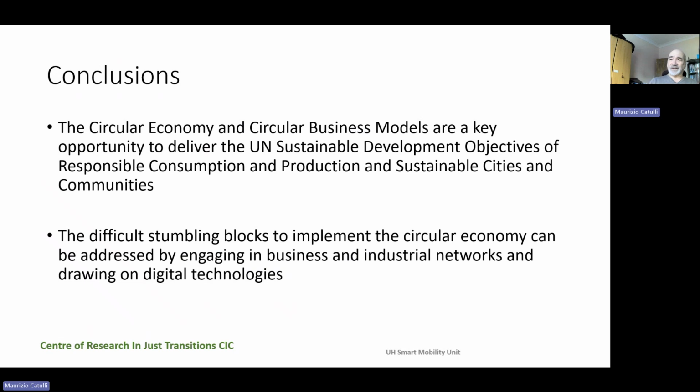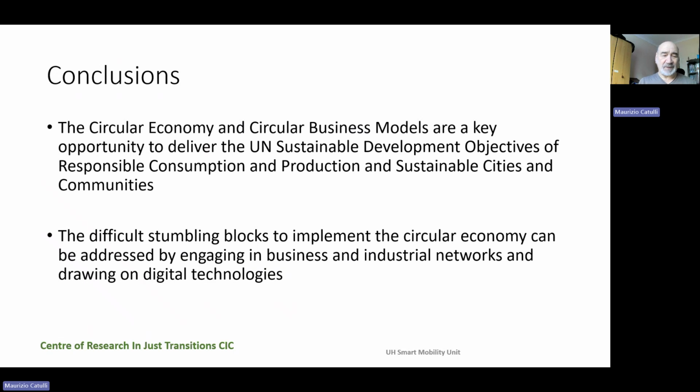So, the conclusions. As we said in the first session, the circular economy and circular business models are a very big opportunity. If you remember the first session, we were talking about money, big economy, big opportunities in terms of financial input. But there are quite many issues.